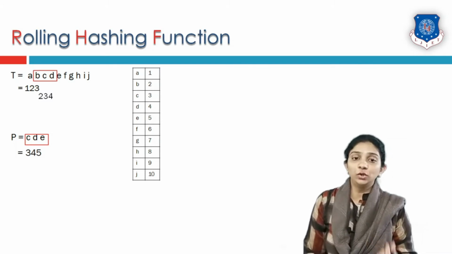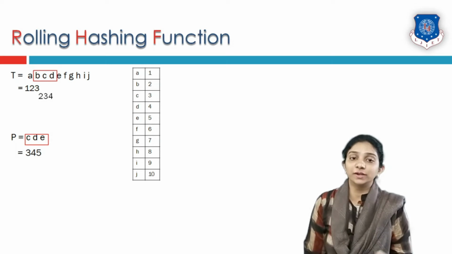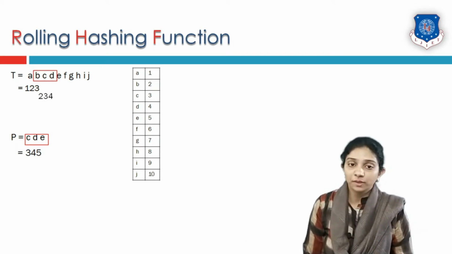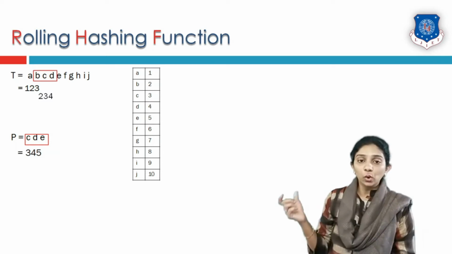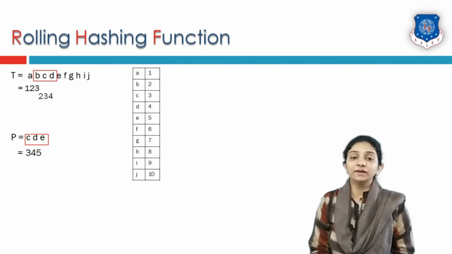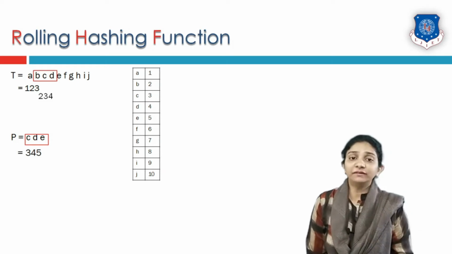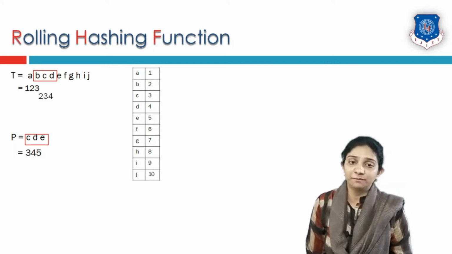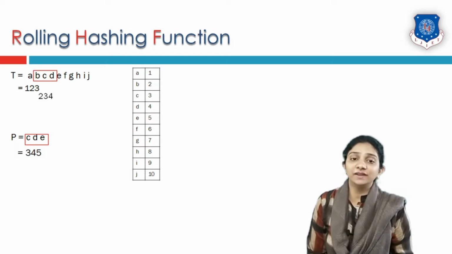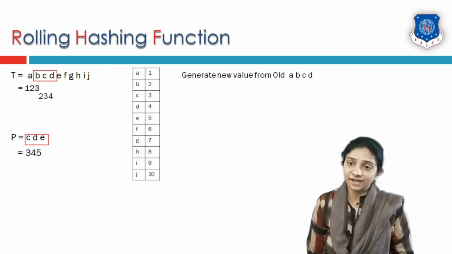So this code 234 is first converted into a numeric value 234. Then we are going to compare 234 with pattern 345. If numerical values are not matched, then we say that pattern is not matching with text.